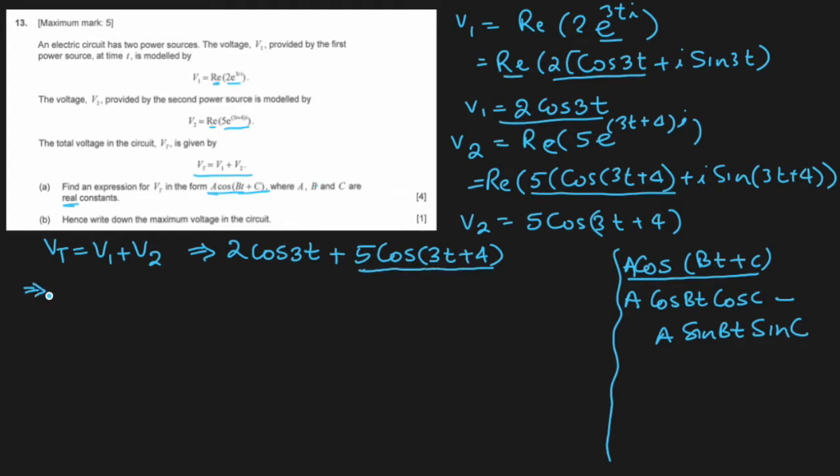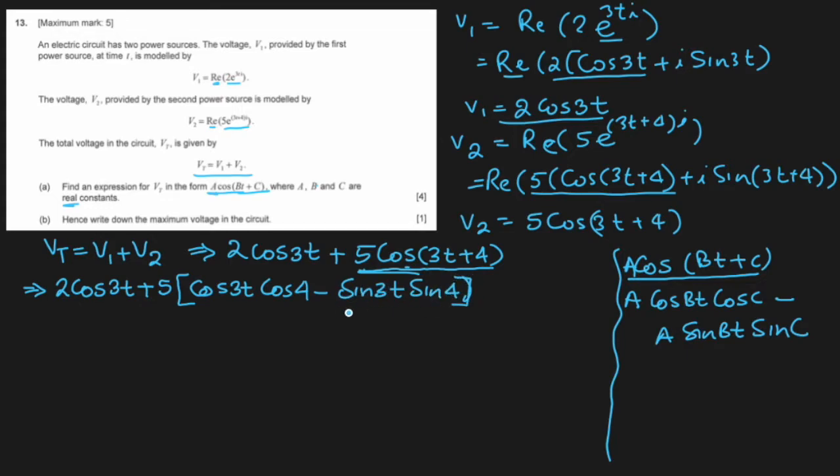So what does this become? 2 cos 3t will remain 2 cos 3t. And if I expand this, let's keep the 5 out. And what is the expansion of cos a plus b? Like this, cos a plus b, we got this. Similarly, we'll expand this one, which will be cos 3t cos 4 minus sin 3t sin 4.